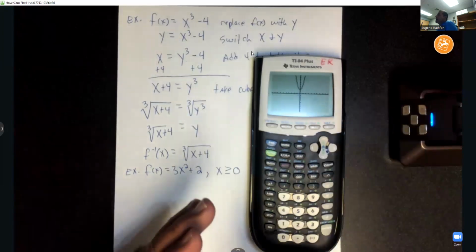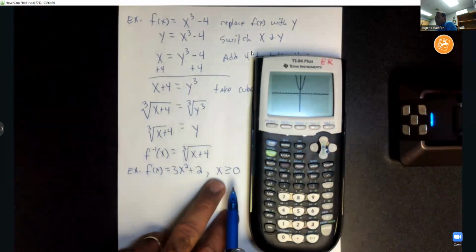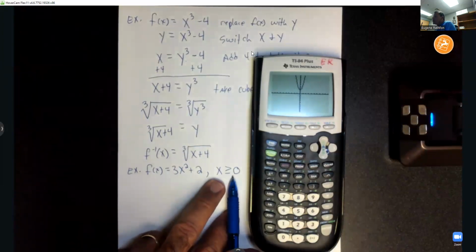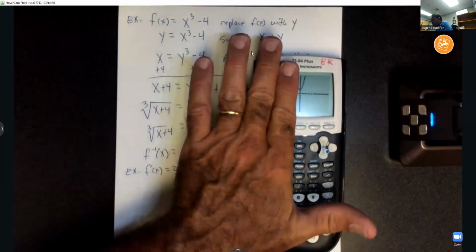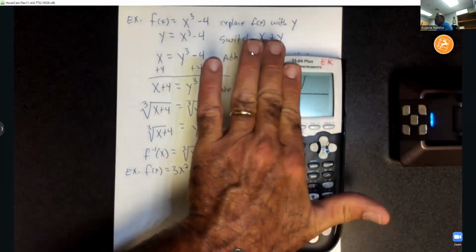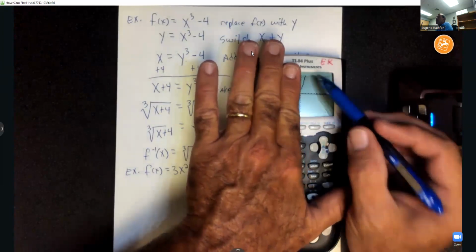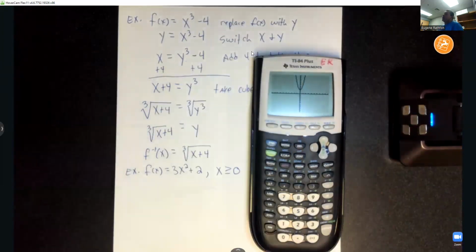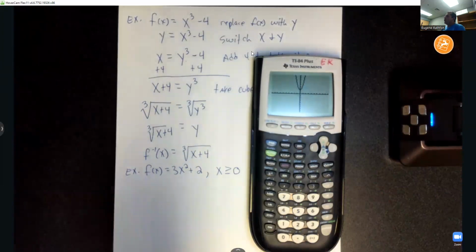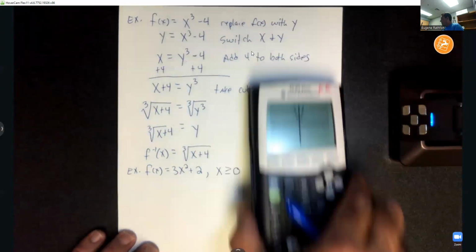So the parabola is not 1 to 1. But right here, they're saying for x greater than or equal to 0. So that means we can only count the right half of the graph. And if you only count that right half of the graph, it's 1 to 1. So this is one where you have to restrict the domain to make it happen, okay?